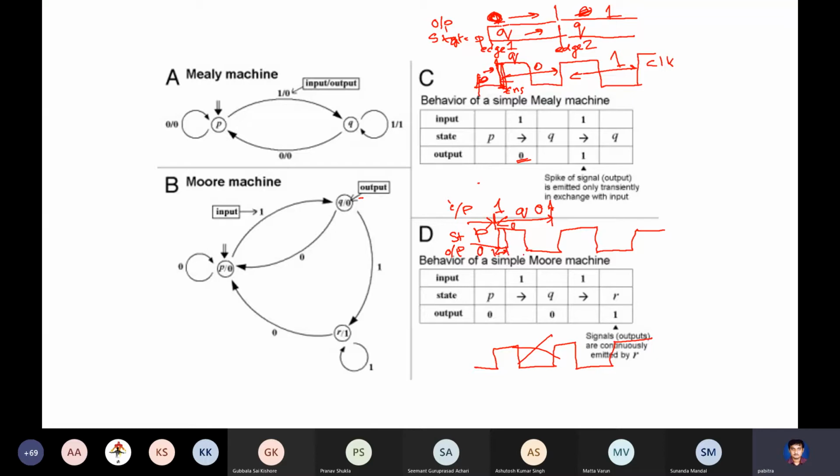The Moore machine displays the output a small delay after the Mealy machine. Whenever the input comes, the Mealy machine immediately produces the output, whereas the Moore machine will produce the output after a very small delay, which is the delay of the transition of the circuit.